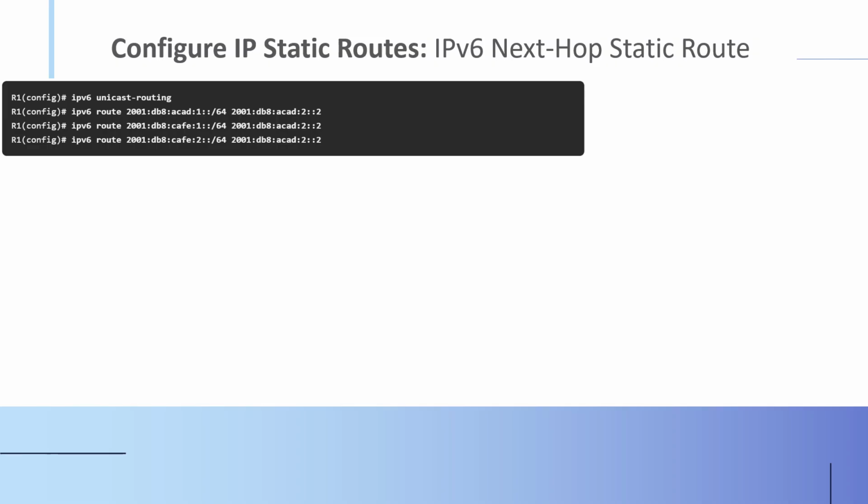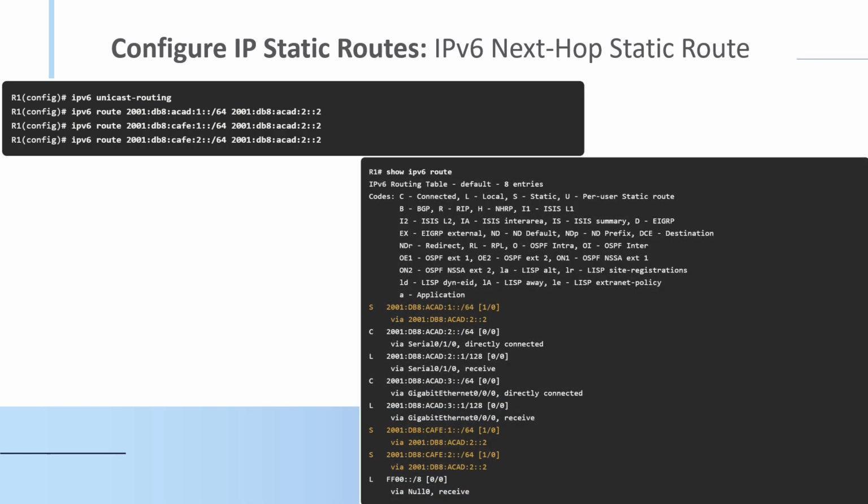And again, if we use the show ipv6 route command here now for router 1, we will be able to see the 3 remote IPv6 networks that we just added by the code S in the routing table.